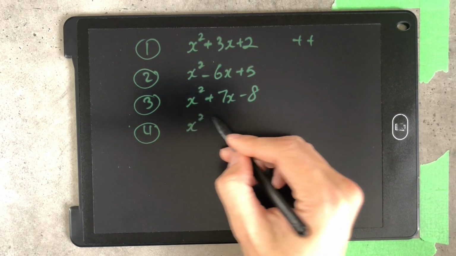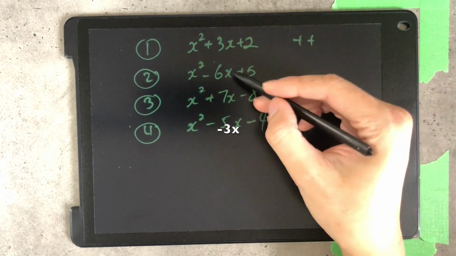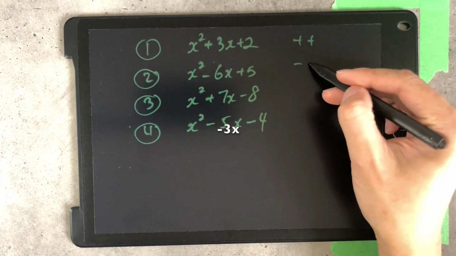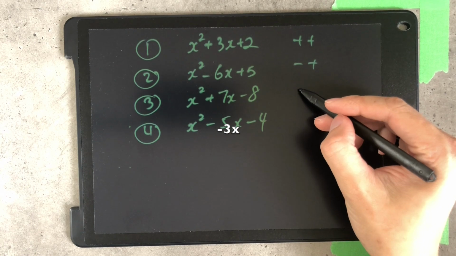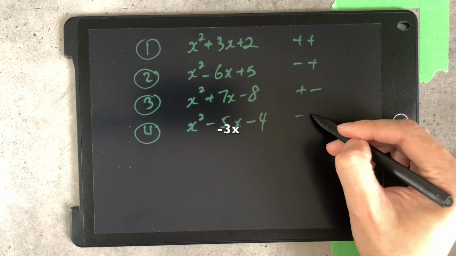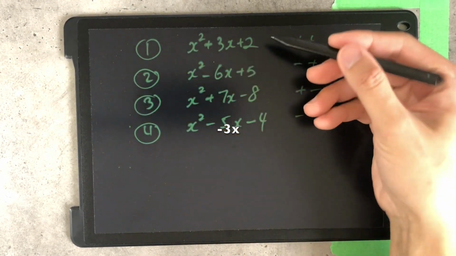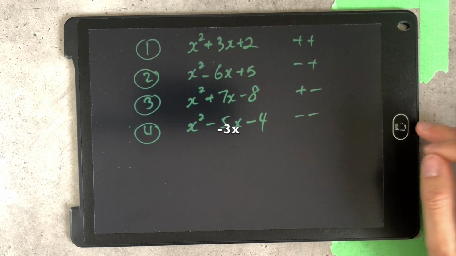Fourth, we have x squared minus 5x minus 4. So the second sign is negative, and the third is positive. And the third, we have positive, negative, and finally we have minus, minus. So we would go over each of them one by one.